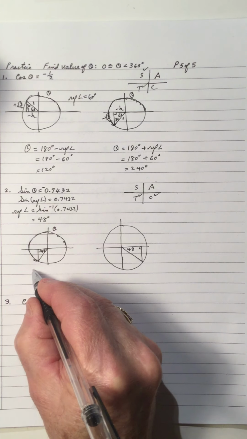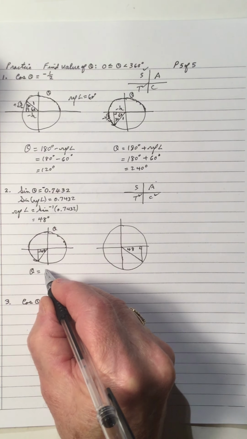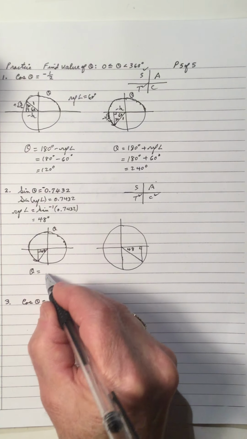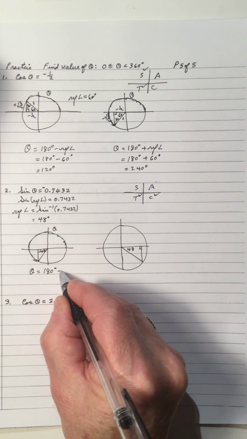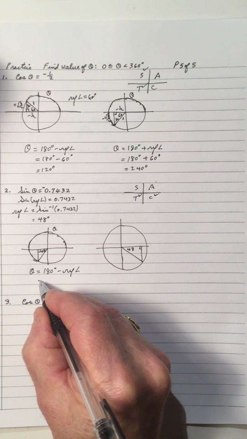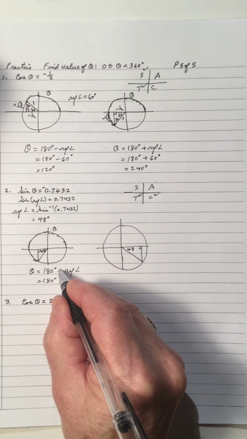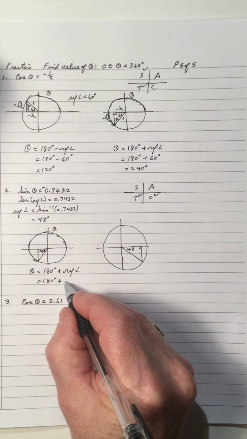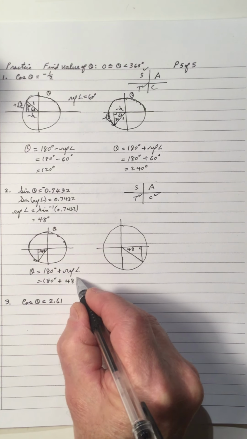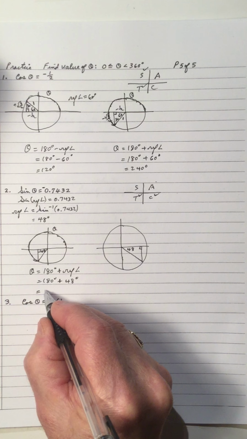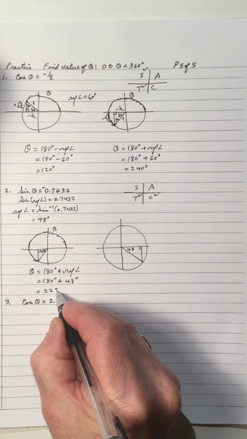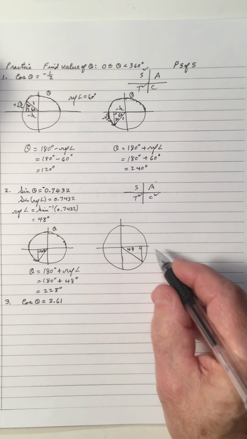So in the third quadrant, theta is 180 plus your reference angle. So it's 180, I said plus and I put a minus there, plus the reference angle of 48. So that gives us 228 degrees.